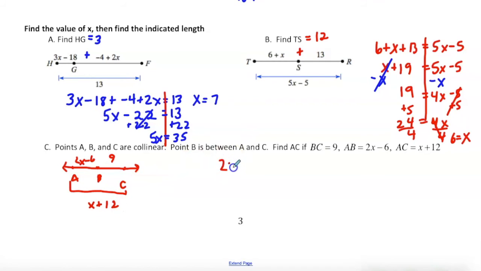So we have 2x minus 6 plus 9 equals x plus 12. And that's what we're going to solve here. So 2x plus 3, we combine like terms. Then I'm going to get my variables on the same side by subtracting x from both sides.